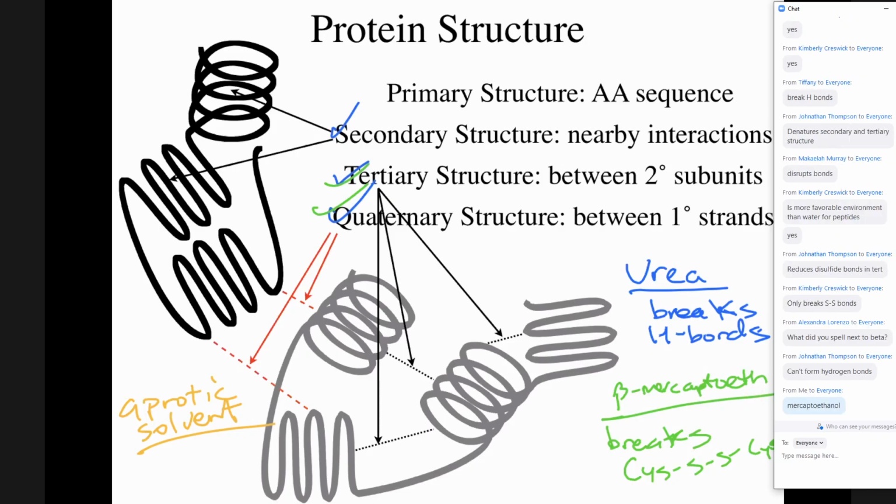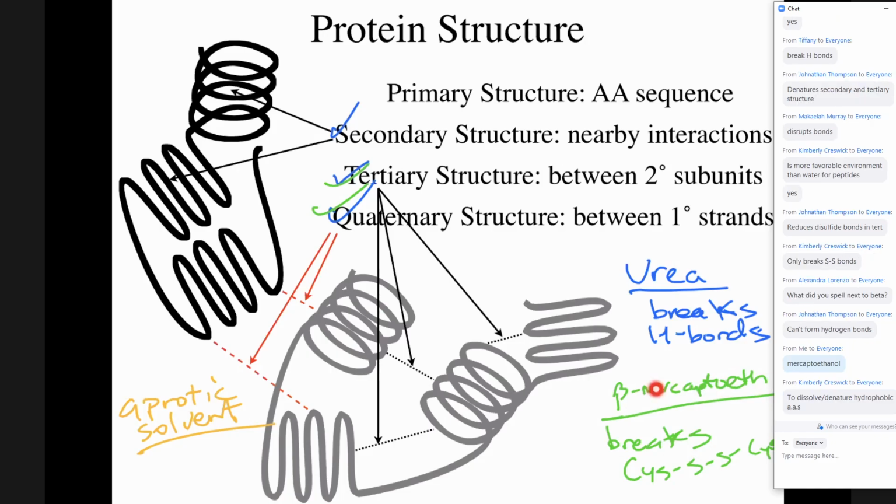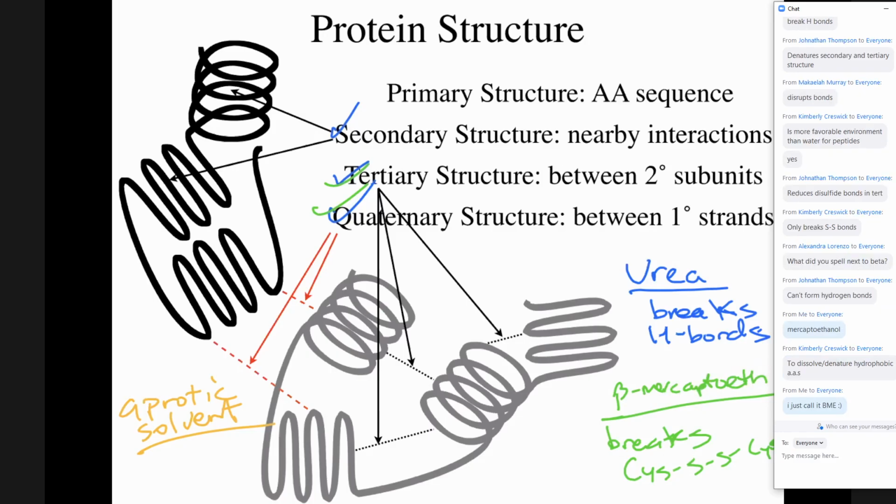Thank you for somebody typing it in. My scribbling, especially when I start getting down this corner, mercaptoethanol. Jonathan, thank you so much for tossing in the chat box. Really appreciate that, because when I have writing issues like this, it's hard to make fun of myself in the middle of this, but yeah, it's beta mercaptoethanol. BME, shorthand for it.